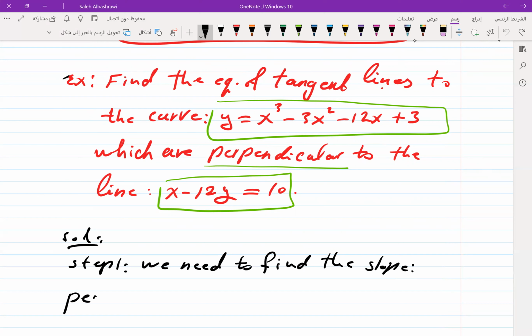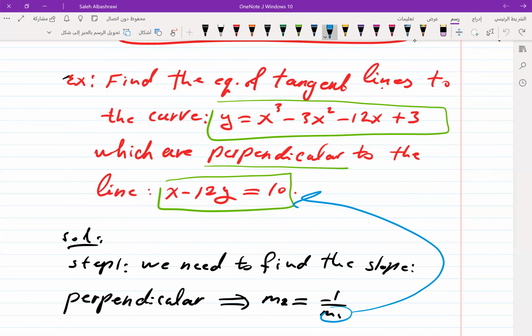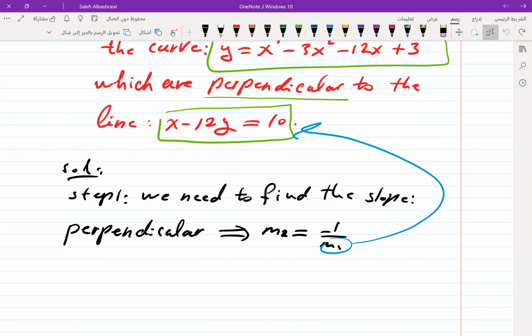So perpendicular means m1 times m2 equal to minus 1, or m2 equal to minus 1 over m1. Now m1 is the slope of the given line. I need to find the slope of this line, then I will use it to find the slope of the perpendicular one. To find m1, just differentiate with respect to x.